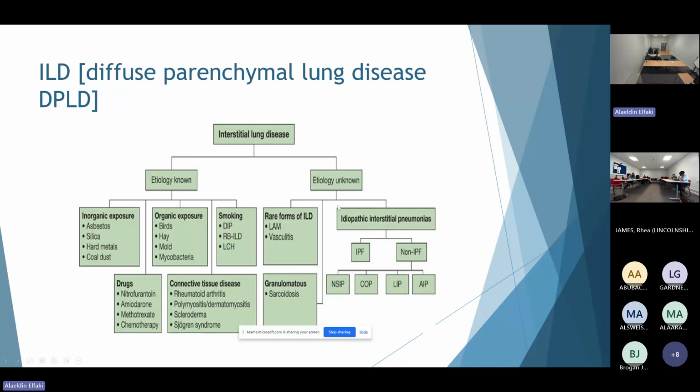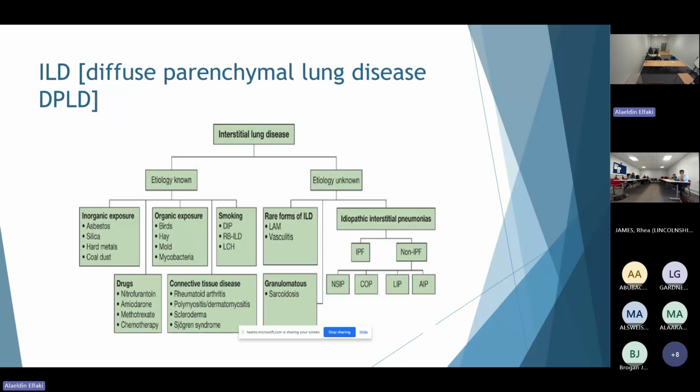We are all aware that known causes of interstitial lung disease can be exposure to organic dust, like birds, hairy mold, or bacteria like mycobacterium, and also exposure to inorganic dust like silica, asbestos, and coal, for example.